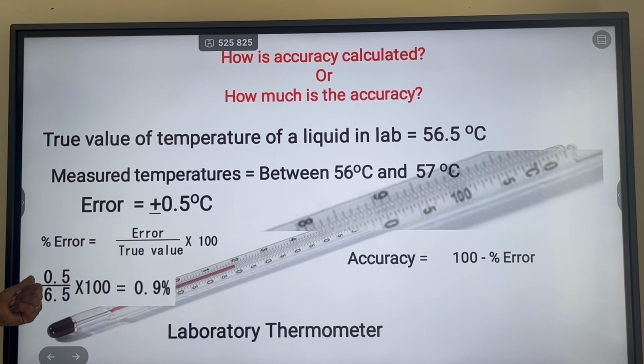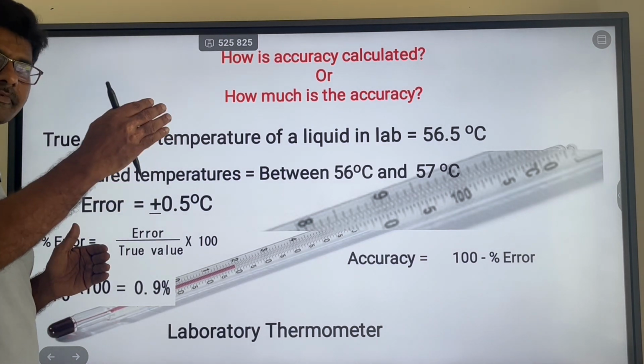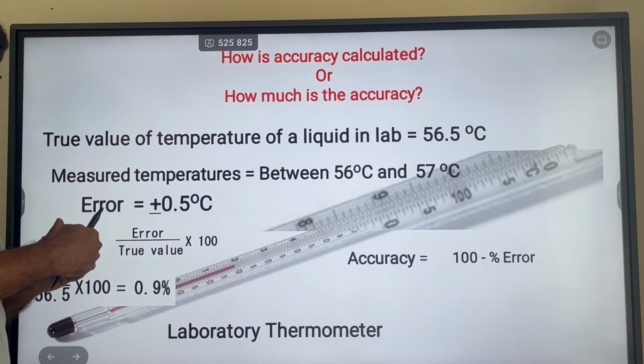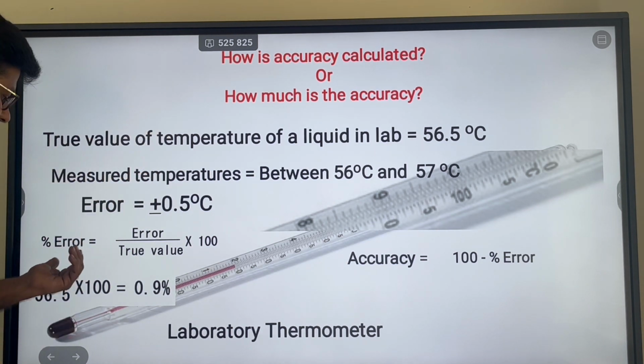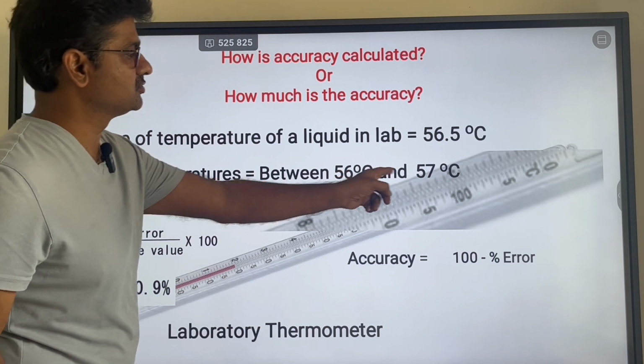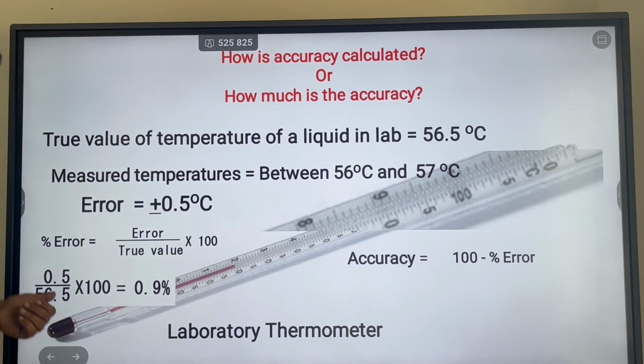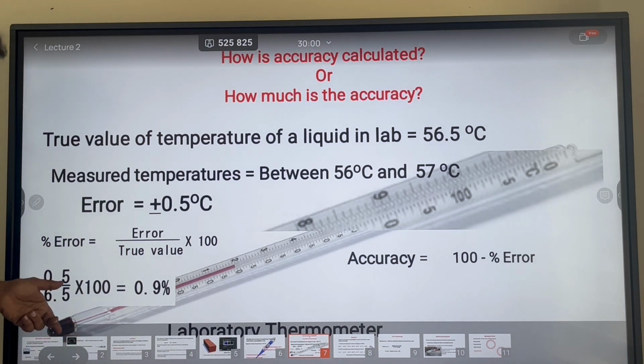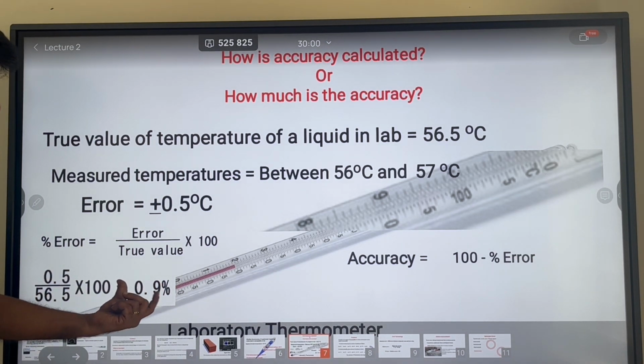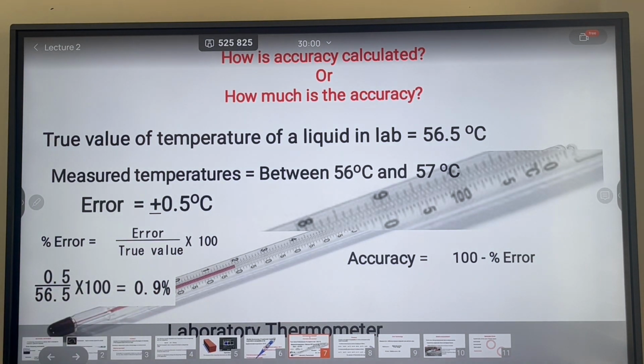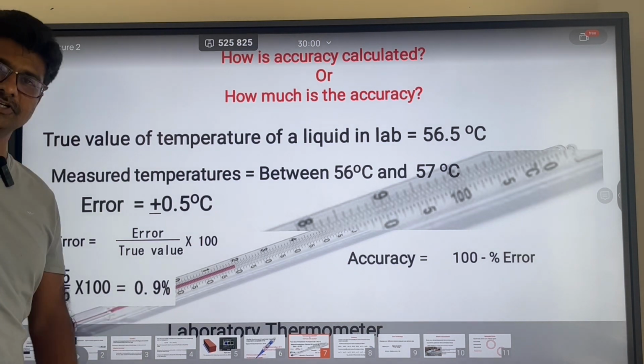0.5 is the error, the maximum error we are taking. So error means maximum error. The error may be 0.2 also, but the maximum error you are getting is 0.5 because you are getting values in between these two. So 0.5 is the maximum error, 56.5 is the true value, into 100. The error is 0.9%.